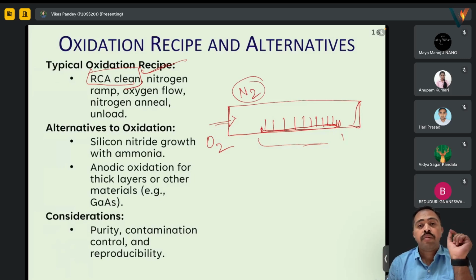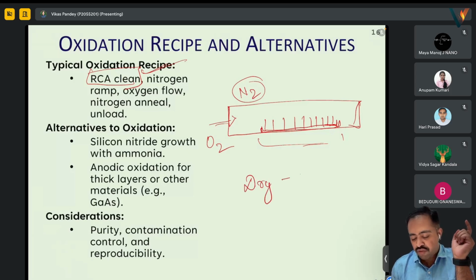And remember that we are not generally sticking to one kind of oxidation. It generally happens that we use a combination of dry, wet, dry. Why?